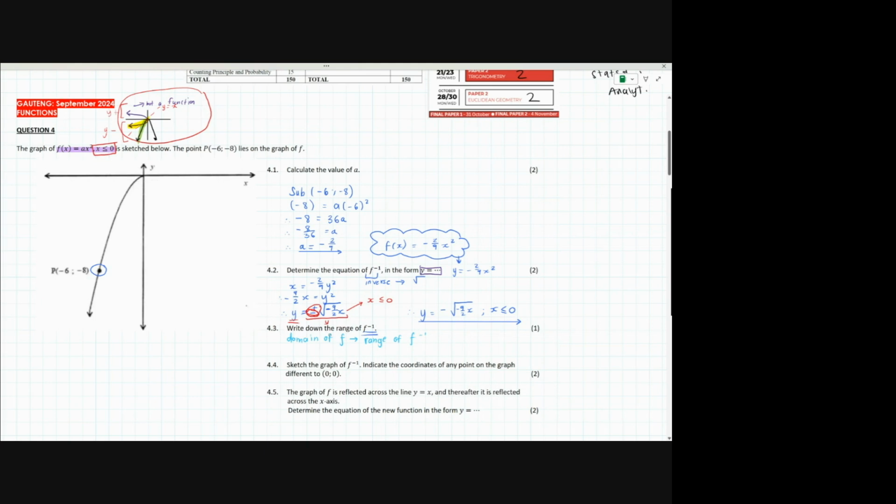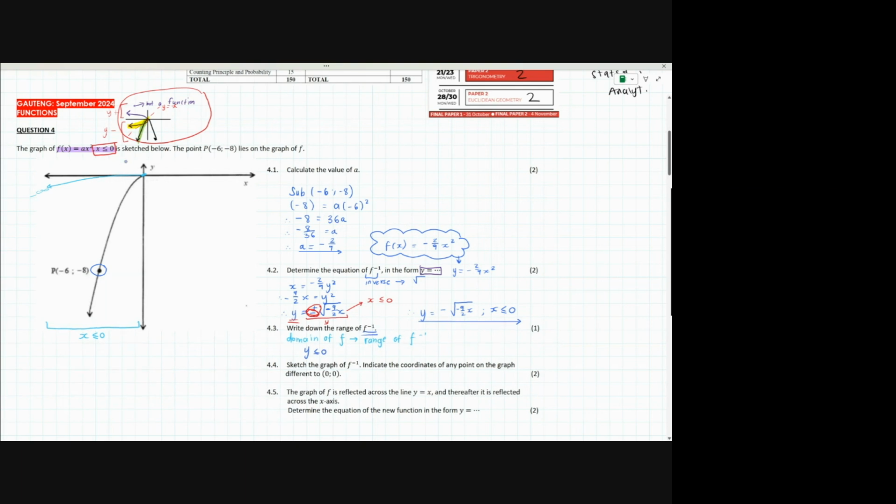So because I'm looking for the range of the inverse, I can go back to the original and consider what its domain is. So this original function has a domain of x less than or equal to 0. It is all values from 0 to negative infinity, which means that now when I write down the range for my inverse, it is y less than or equal to 0.